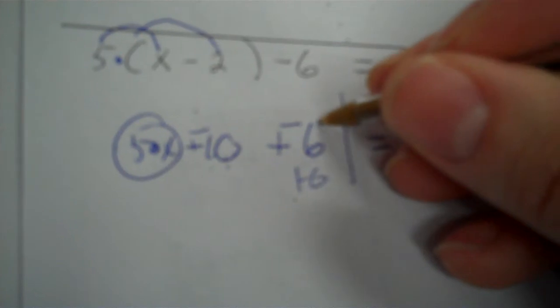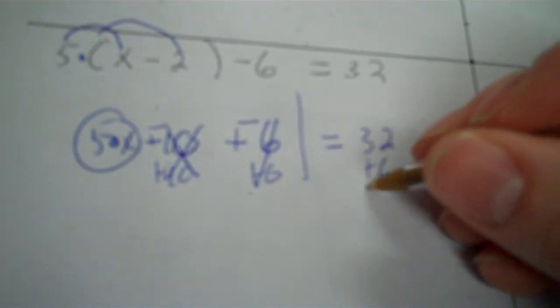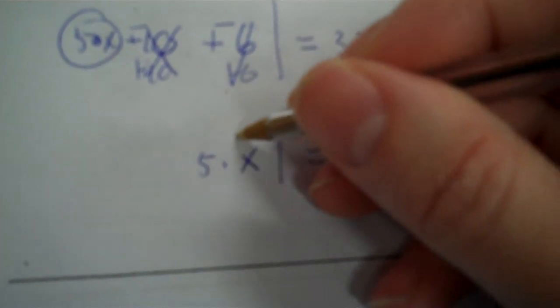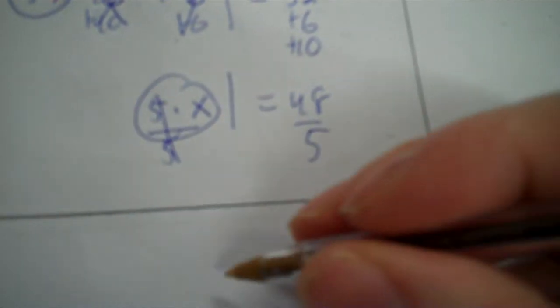So plus 6 to the 32, and then plus 10 to that other stuff. Or you could combine these into negative 16 and then add 16. Either way works. So it's going to be 48. Then divide by 5. And 48 divided by 5 is going to be 9.6.